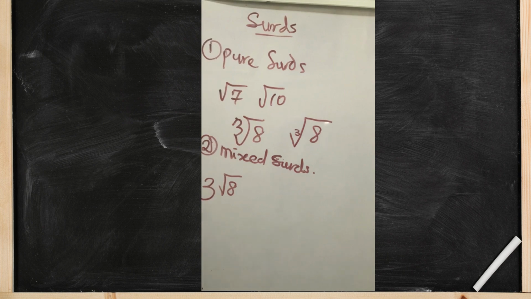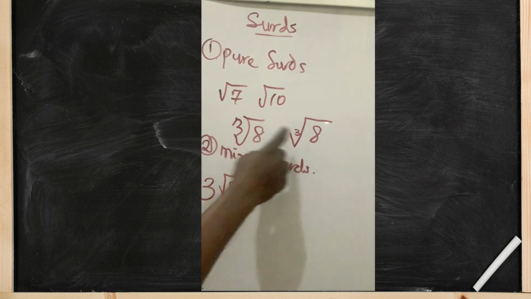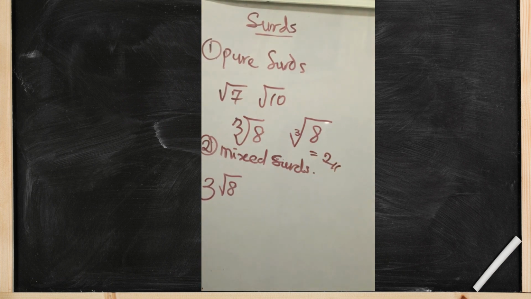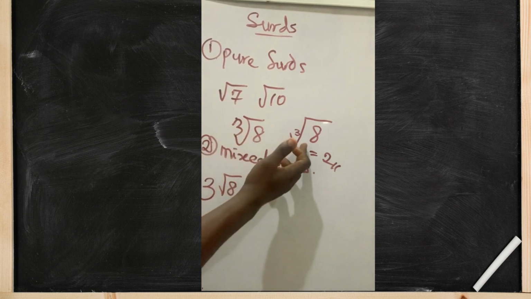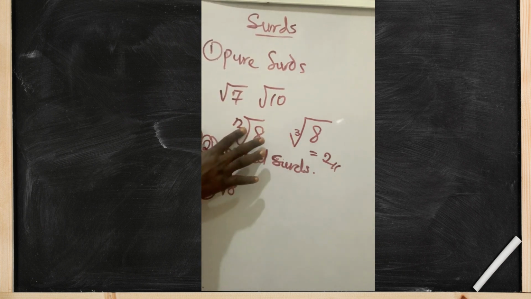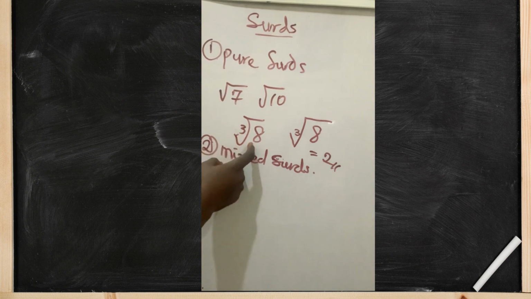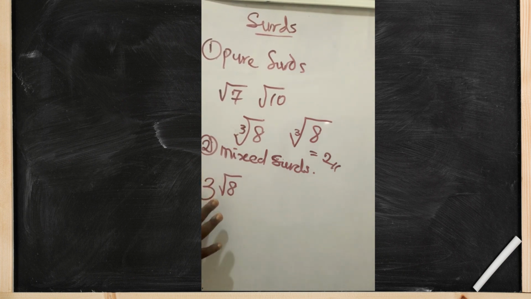This is the cube root of 8, which will give us 2 as the final answer. This is 3 root 8. They are 2 different things. That's why I wrote it clearer. So this is the cube root of 8. This is 3 root 8. So this is a mixed surd.